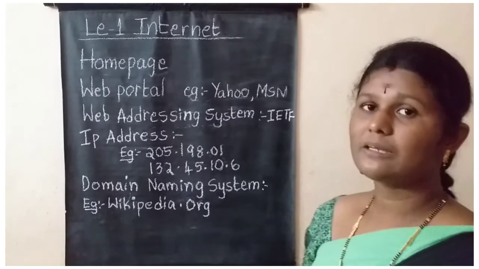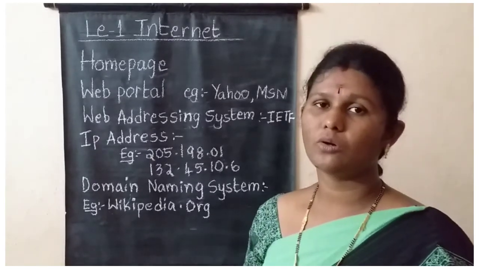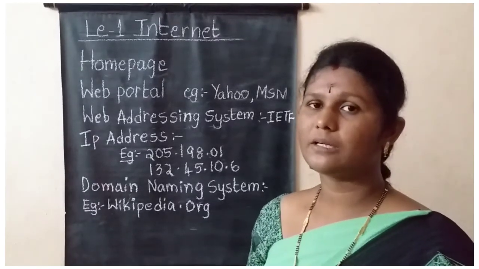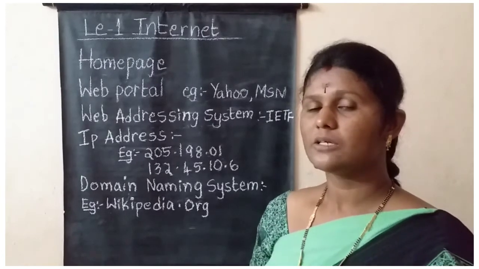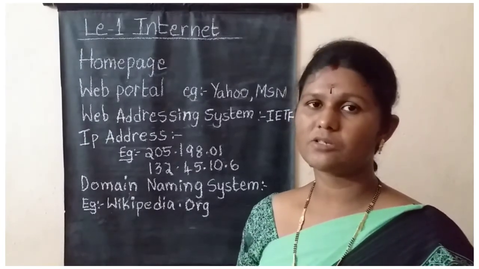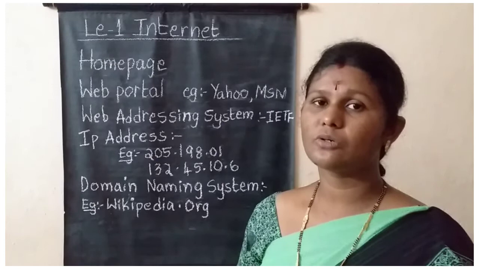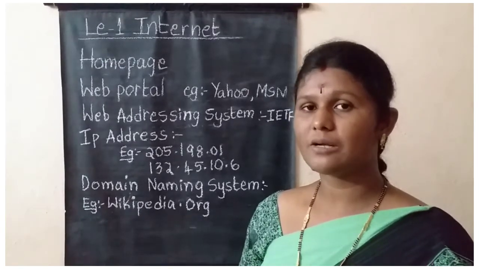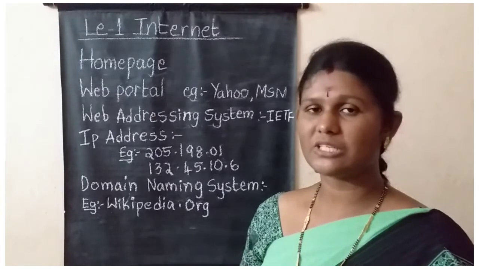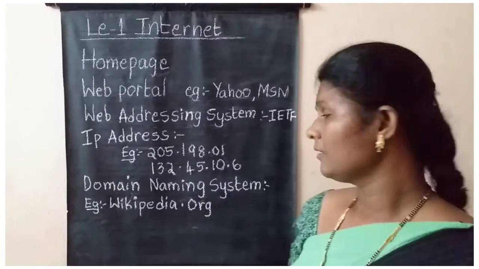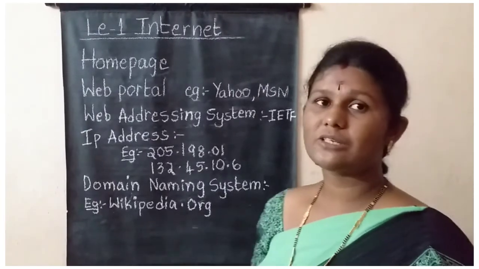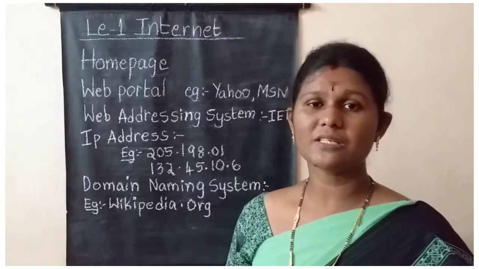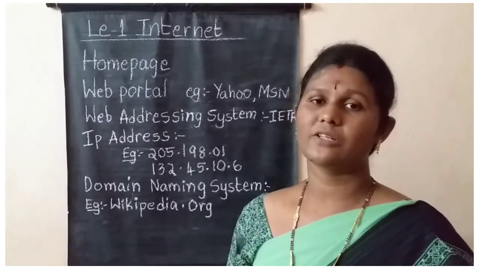I said there are some rules to follow to create a unique address. What are the rules, children? It should be based on characters or numbers and should not exceed 64 characters. Hyphen is the only special character allowed, and we should give an extension.